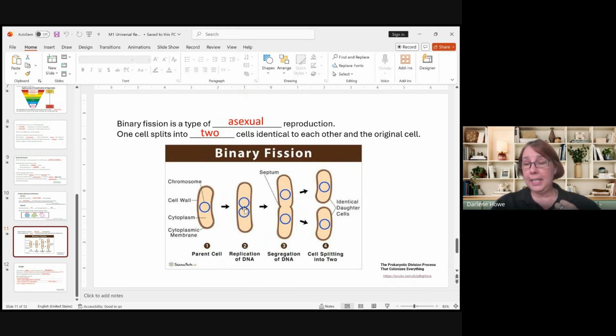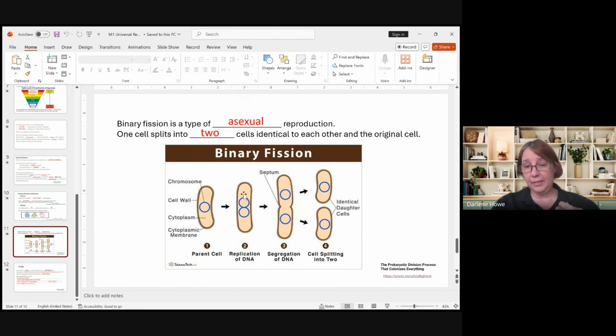If this DNA does not replicate, you're going to have problems because you won't have enough DNA to make more cells, more bacteria. So this has to happen perfectly in order for it to continue to reproduce and make healthy cells that will go and do what they need to do. So the replication of the DNA happens first.